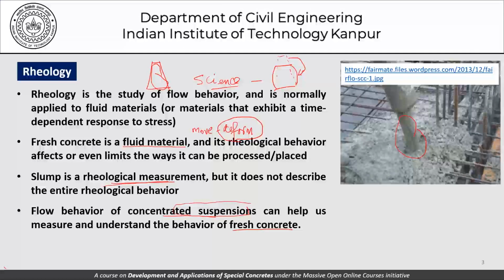So instead of trying to look at concrete as a suspension of cement, sand, and coarse aggregate in water, the kind of model that I've been proposing to you, and I've been discussing it all the time, is that we would rather split this discussion into stages and say that paste is a suspension of cement and water, mortar is a suspension of paste and sand, and concrete is a suspension of mortar and coarse aggregate.